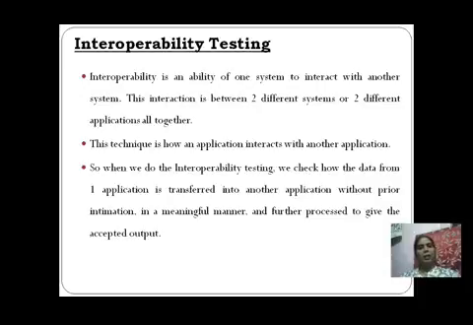Interoperability is the ability of one system to interact with another system. This interaction is between two different systems or two different applications altogether. For example, if we are using MS Word and MS Excel together, these are two different applications, but still they interact with each other.